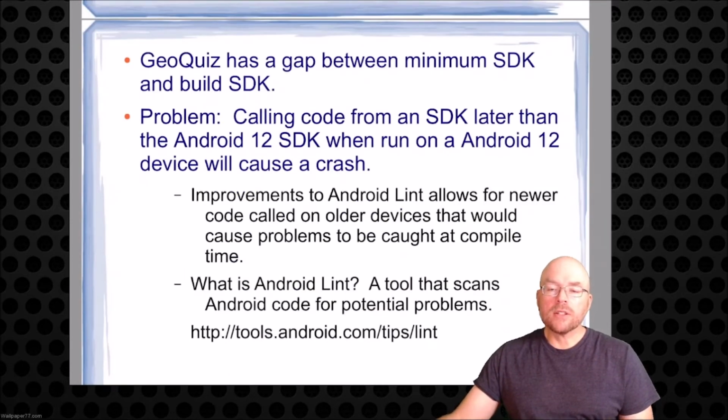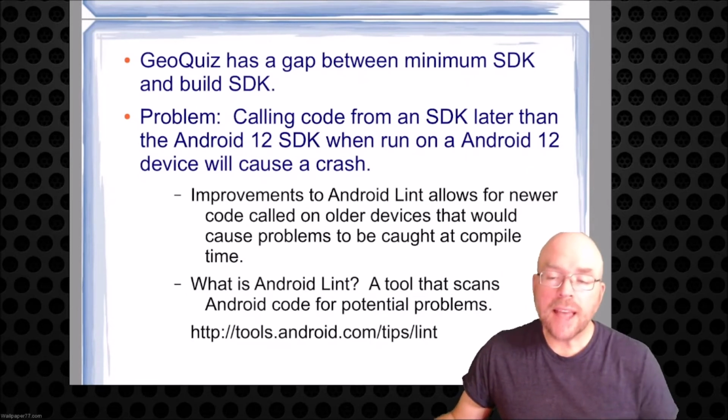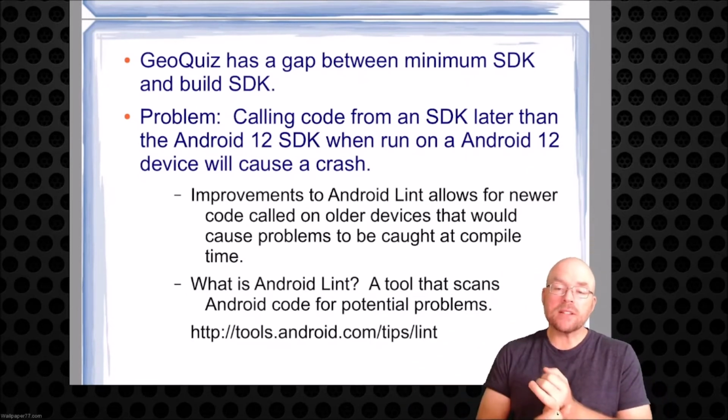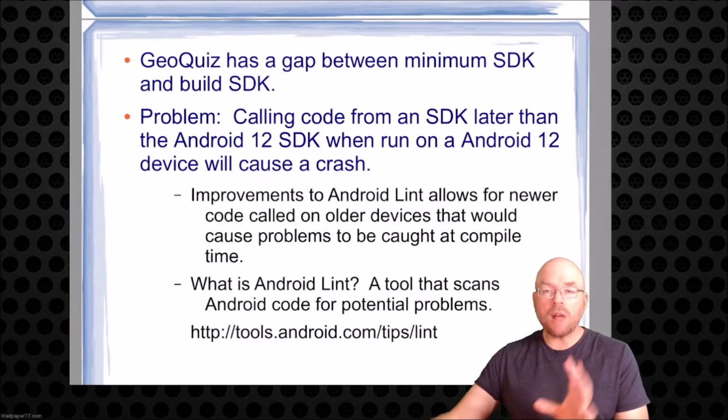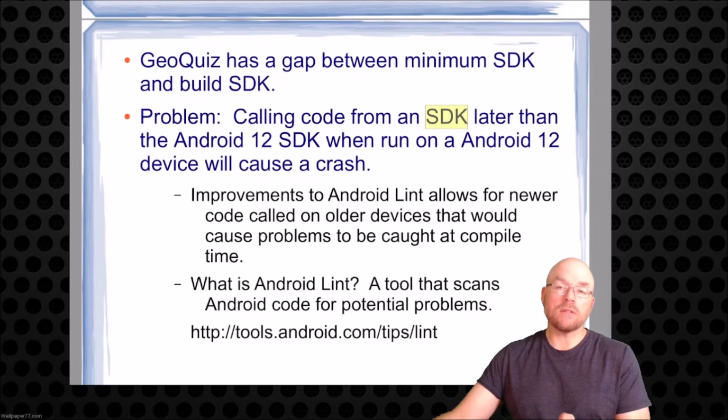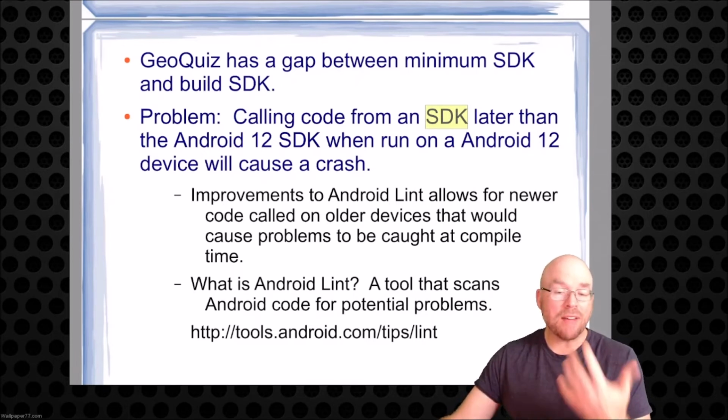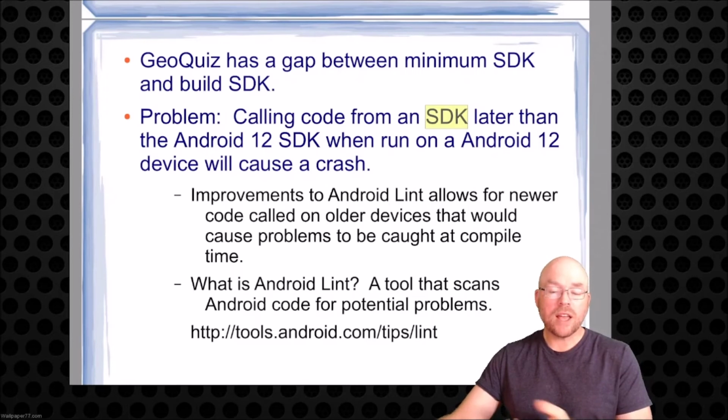Okay, so GeoQuiz has a gap between that minimum SDK and the build SDK. The problem with that, as I just described in the context of GeoQuiz here, is that if you call code in your app from an SDK that came out after Android 12, and you try to run it on an Android 12 device, that can cause a crash.